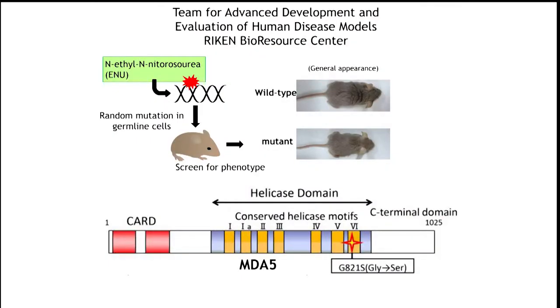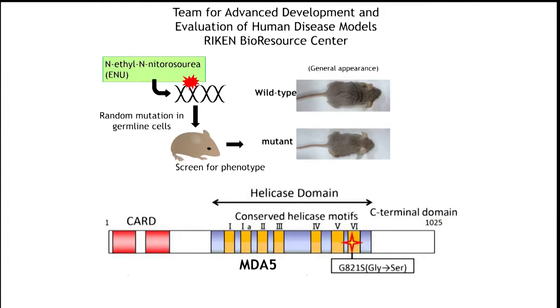I have described the importance of interferon production to counteract viral infection. Is it beneficial to have interferon constantly prepared in case of viral infection? The answer was provided from studying mice.